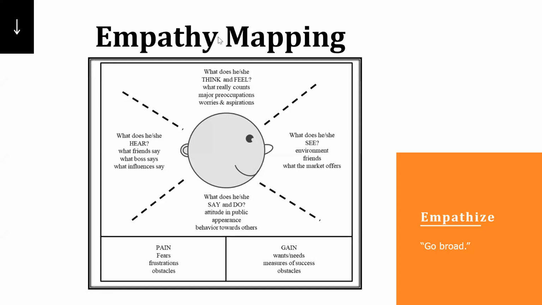And if you can do this empathy mapping exercise, to put what other people think, feel, hear, do, and say, and you list down the pain and the gain, this is very important and very beneficial to you in order to improve your creative thinking, right?